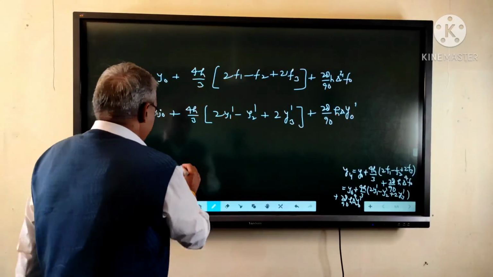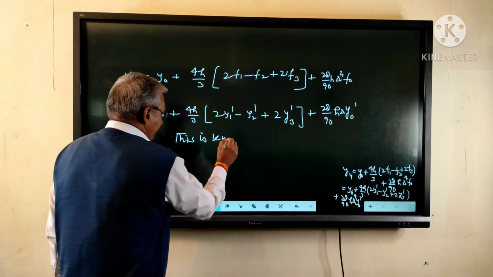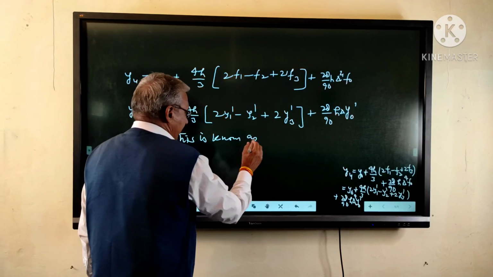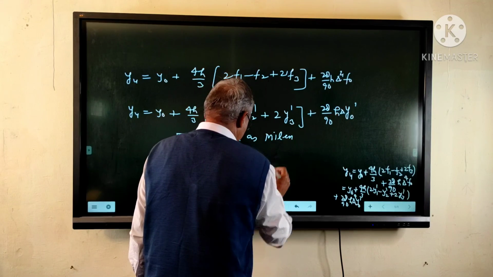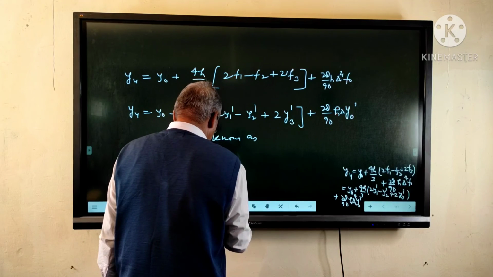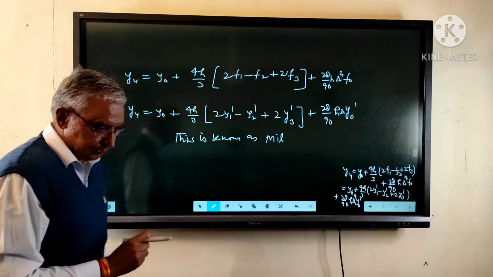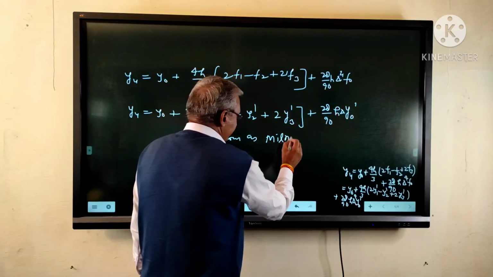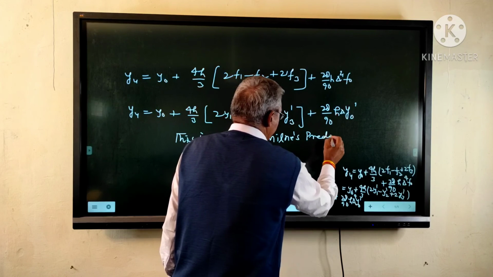This is known as Milne's predictor formula.